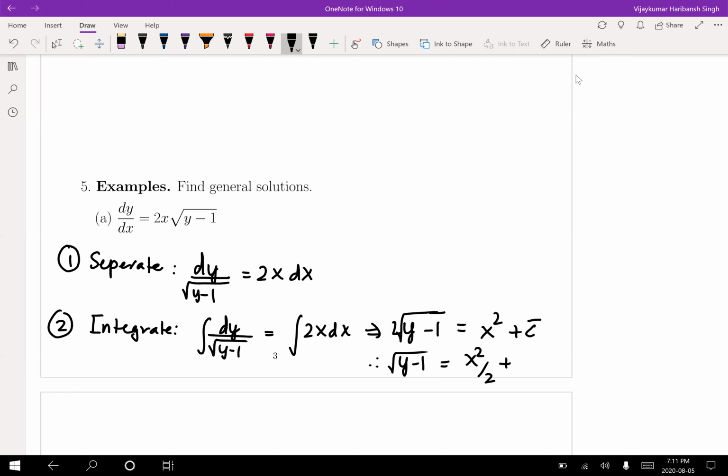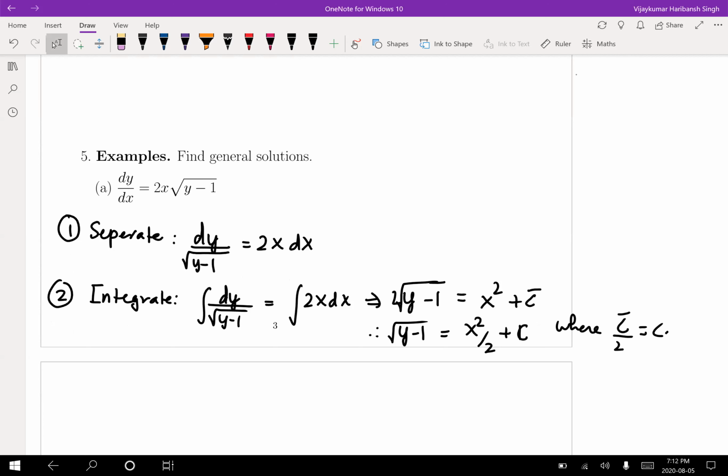So let me call this constant c bar by 2, which is going to be d or c, where c bar by 2 equals c. The idea is to write it as simply as possible.